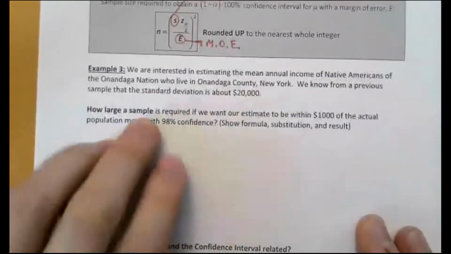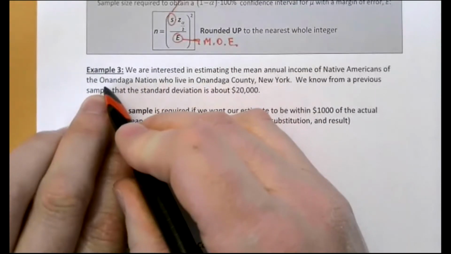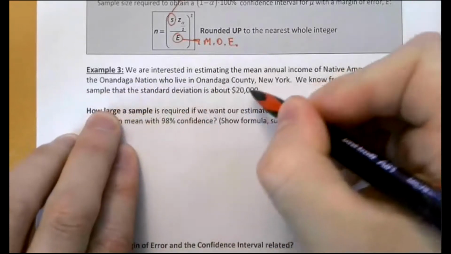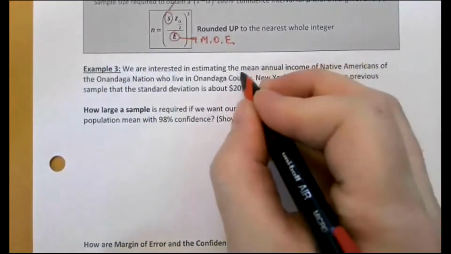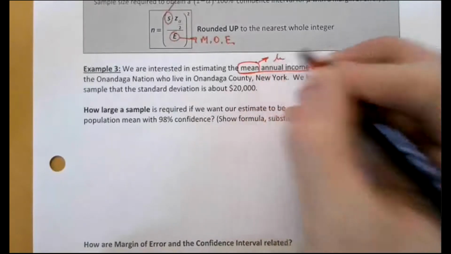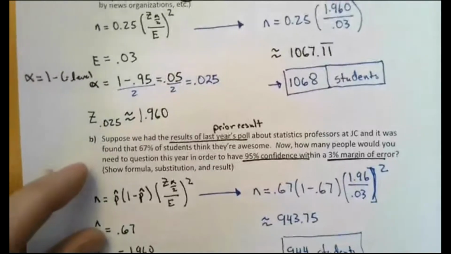Let's do it. I can never pronounce this word. Onondaga Nation, maybe, or something like that. They live in this county, New York. So we want to estimate the mean annual income. So this word right here is what tells us we're working with a mu, which I didn't do back here on the previous problem.